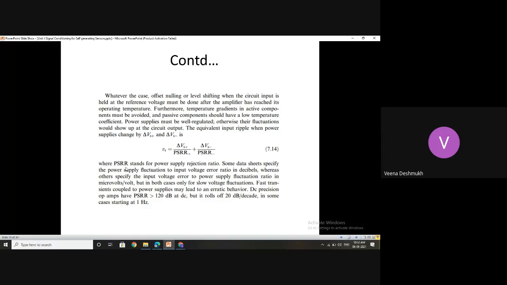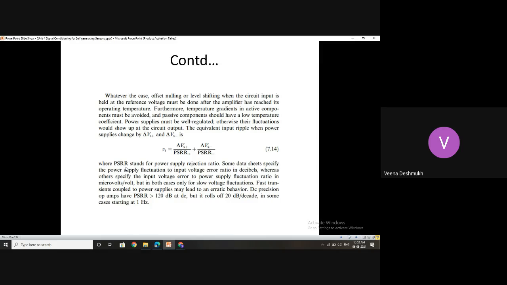If the power supply rejection ratio variation is in the specified range, which is specified in the data sheet, and if the system which you are using for that, this power supply rejection ratio is okay, only then you go ahead with that power supply.